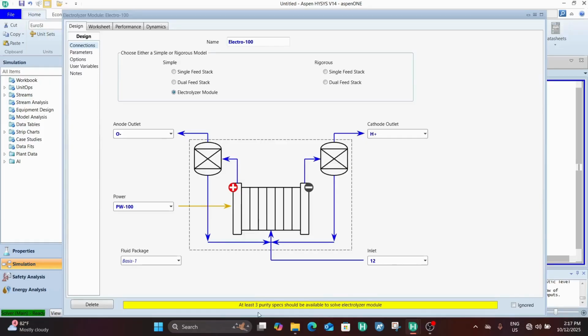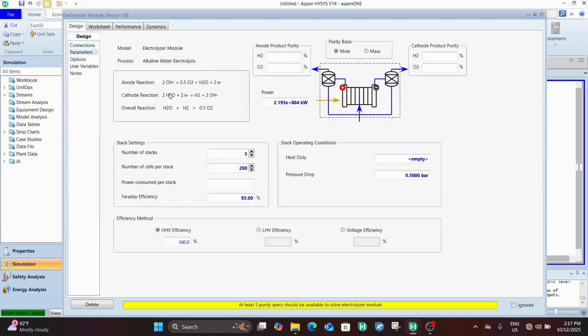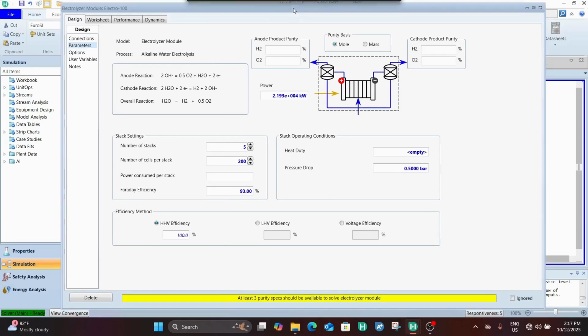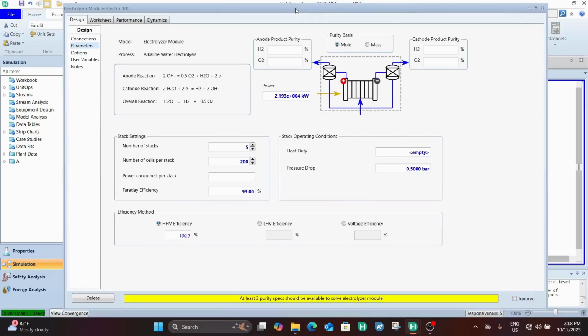So we have a message at the bottom saying at least 3 purity specs should be available to solve the electrolyzer module. So the parameters, as you can see, are also slightly different. Unlike our alkaline electrolyzer, don't pay much attention to this process that says alkaline water electrolysis, because it's more like a custom, well, I wouldn't really call it a custom build.